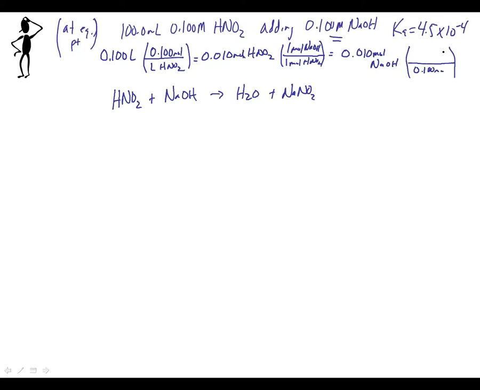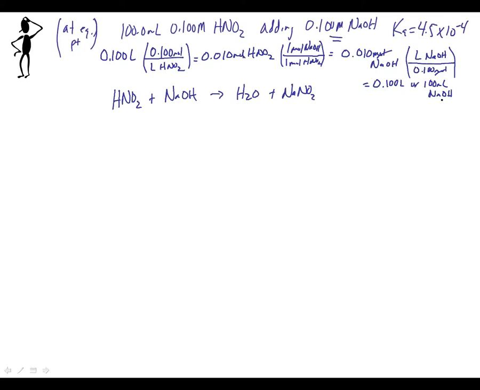The moles cancel, leaving us with liters, and we get 0.1 liters, or 100 milliliters of sodium hydroxide, needed to get to the equivalence point and use up all of our nitrous acid. That is the long way to truly figure it out.